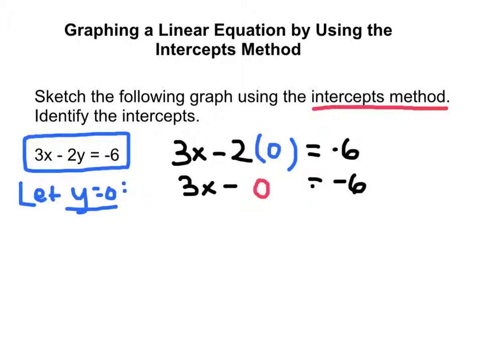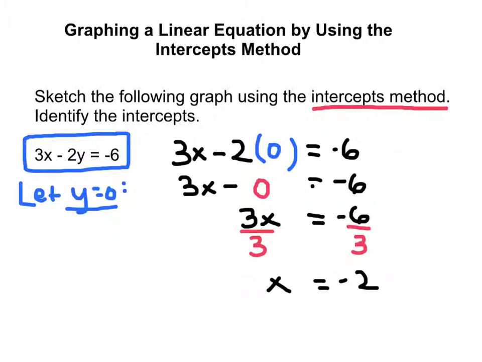And 3x take away 0 is just 3x, so I can rewrite that: 3x equals negative 6. To solve for x, we divide both sides by 3. That leaves us with x equals negative 6 divided by positive 3, which is negative 2.